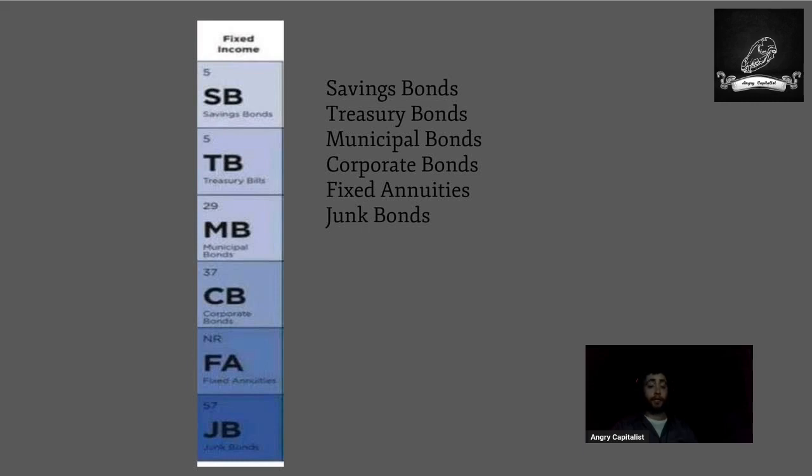Next, we're going into municipal bonds. Now, these are effectively local governments. So think your town or your county. If they need to fund a bridge or fund new school buses, and so on, they will often issue these municipal bonds to raise the funds in the immediate term to then fund their project.